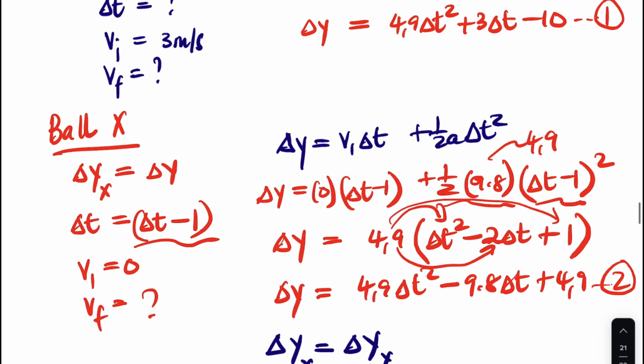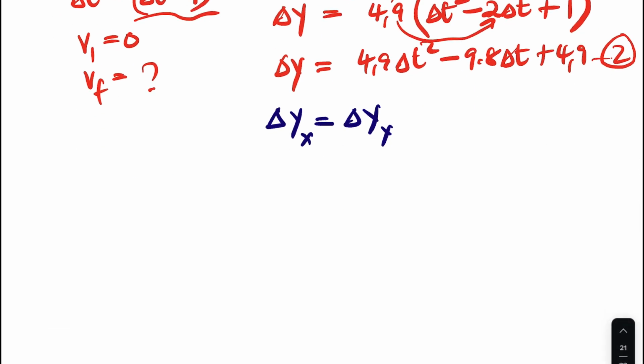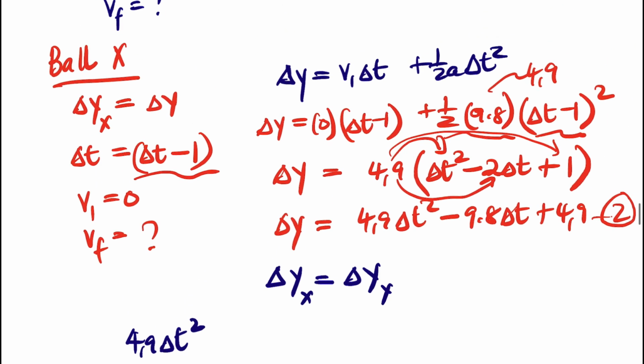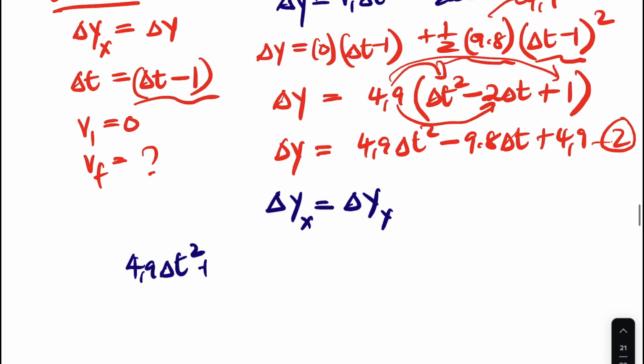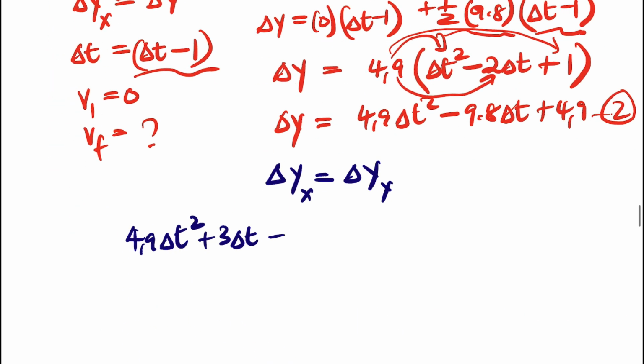Okay, so I'm going to take this one. It's 4.9 change in t squared plus 3 change in t minus 10 equal to this one.